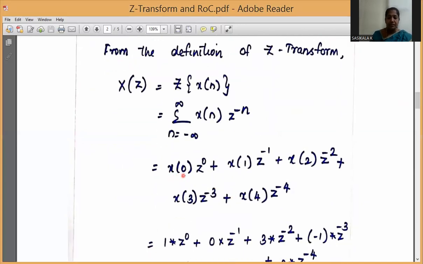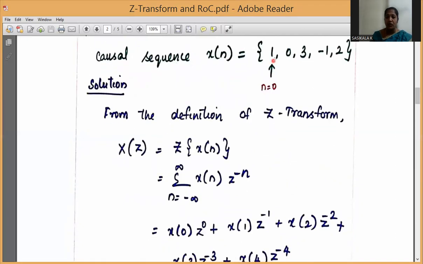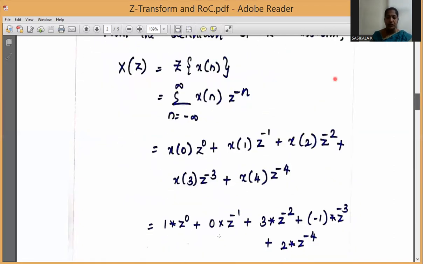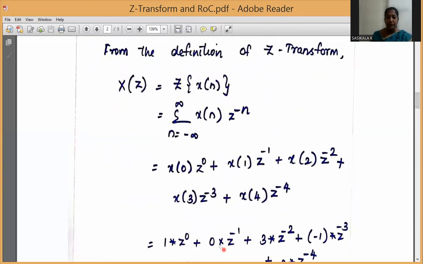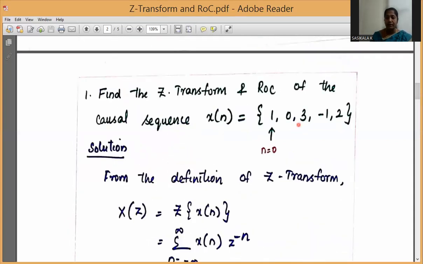Now, first one, we will be having x of 0. So what is the value of x of 0? It is 1. So substitute 1 into Z power 0 plus, now what is x of 1 value? X of 1 value is 0. So you have to substitute 0 into Z power minus 1 plus x of 2's value is 3.